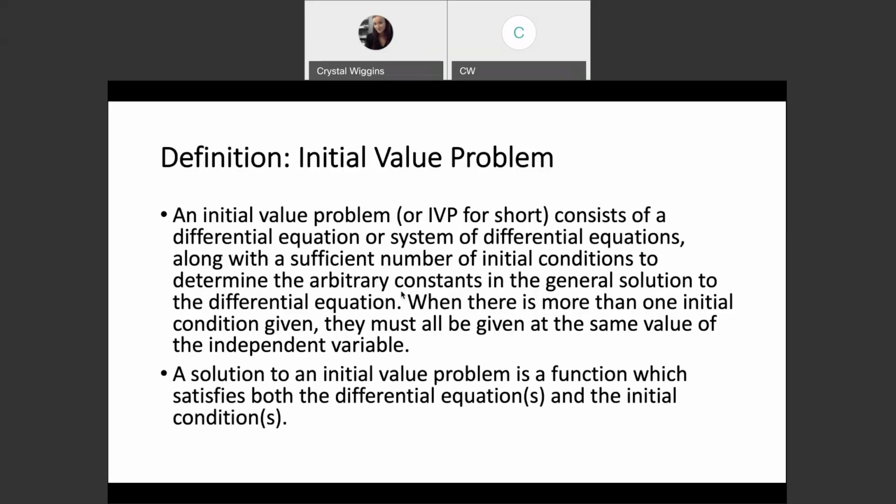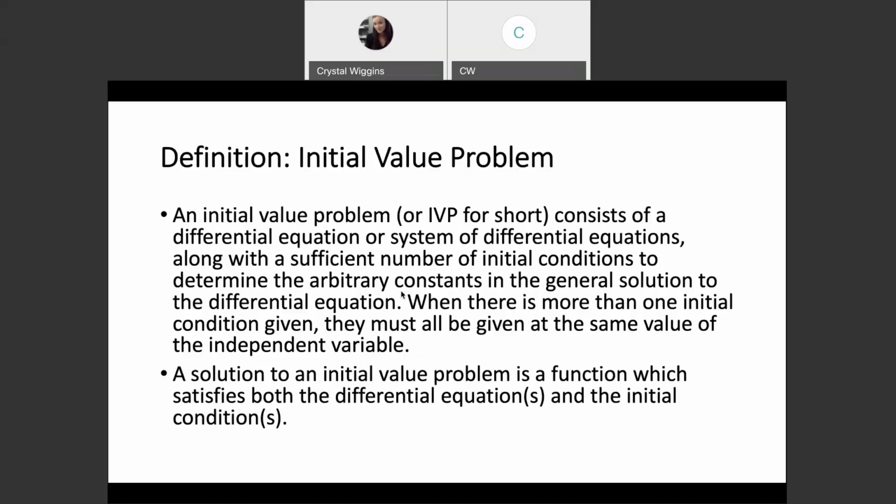The definition of an initial value problem. An initial value problem, very commonly abbreviated IVP, consists of a differential equation or system of differential equations along with a sufficient number of initial conditions to determine the arbitrary constants in the general solution to the differential equation.